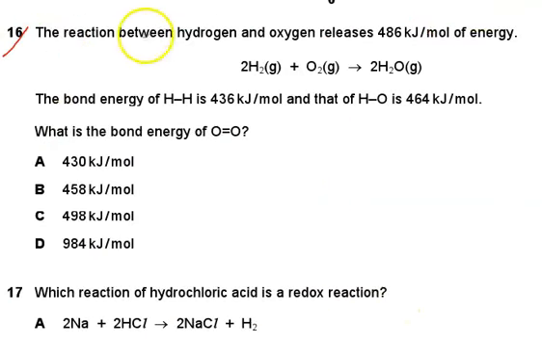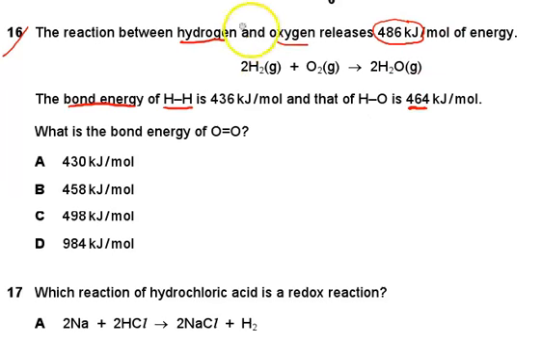The reaction between hydrogen and oxygen releases this much energy. Now we have the bond energy of hydrogen is 436 and OH is 464.